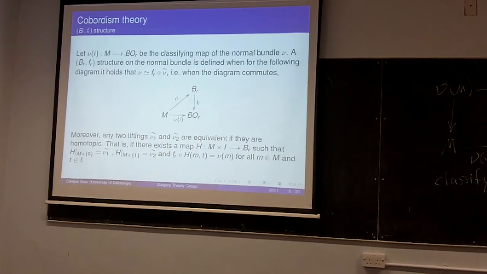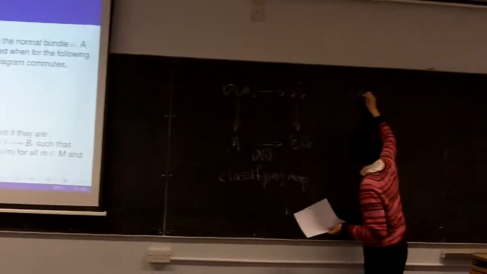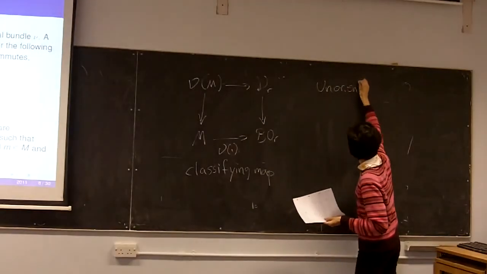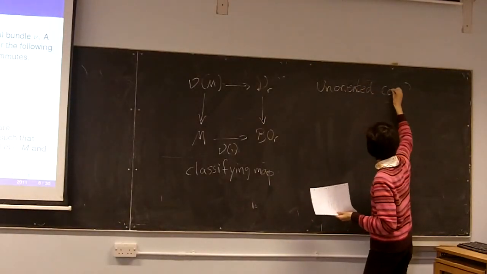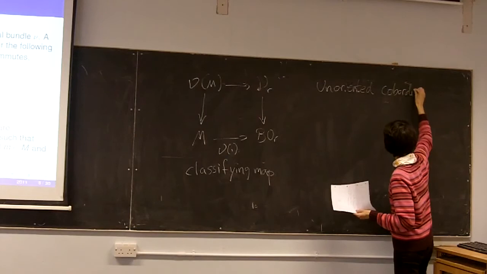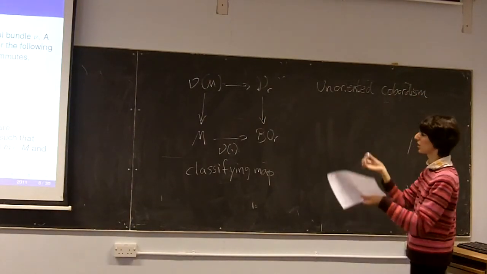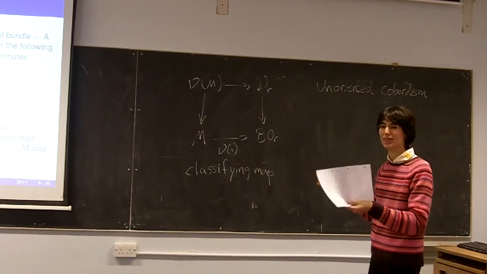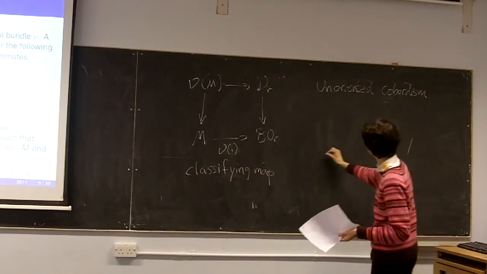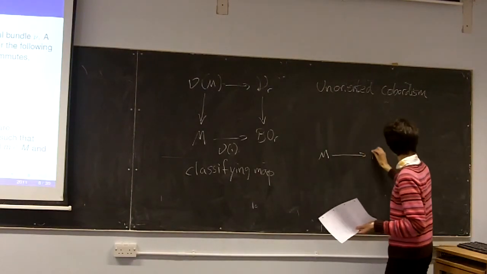We want to have some example of the VR-FR structure because that sounds a little bit abstract. So consider, for example, unoriented cobordism. What would the VR-FR structure look like? Quite simple.